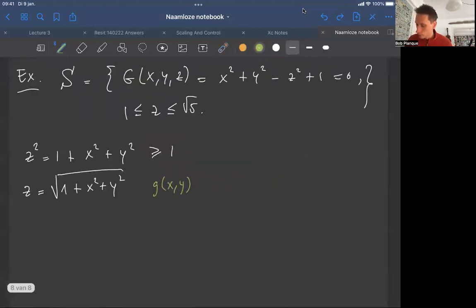And furthermore, if z lies between 1 and square root 5, then x squared plus y squared goes from 0 up to 4, so that z squared is then maximally 5 and z is maximally square root 5.